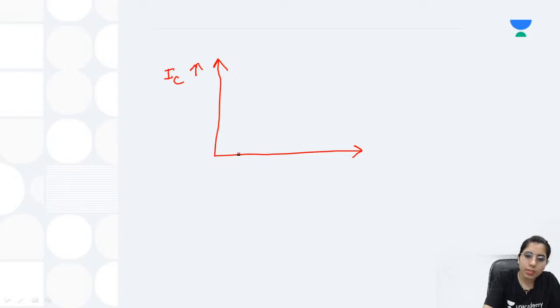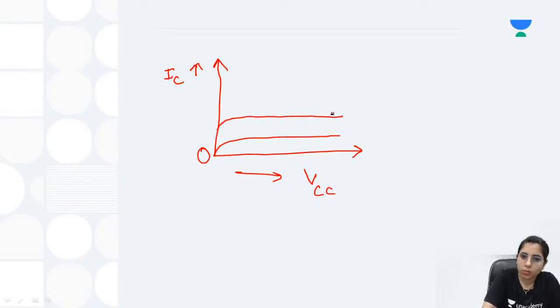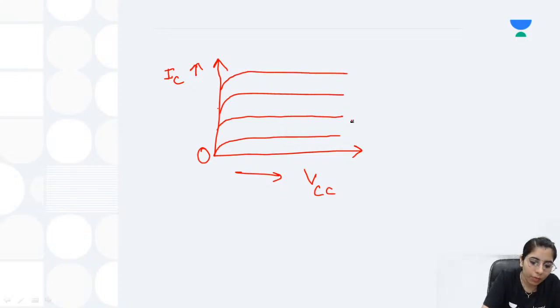And VCC, the graph between these two. Okay, we get this type of graph.